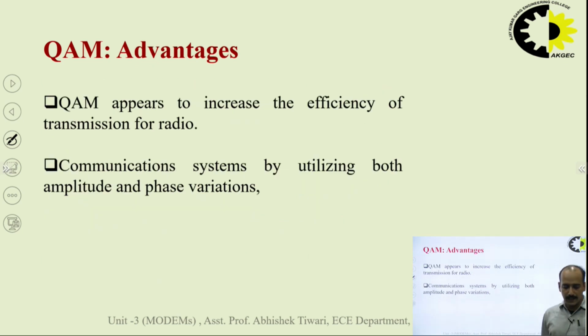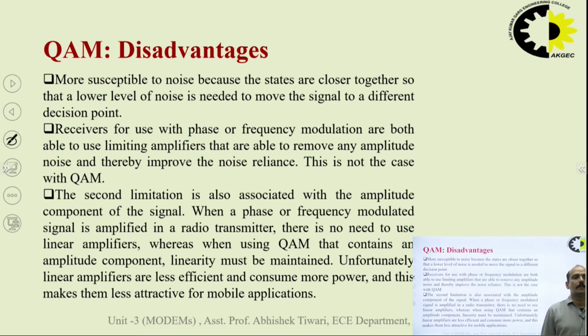So the main advantage of QAM is that it increases the efficiency of transmission for video or radio and communication systems by utilizing both amplitude and phase variation. But there are also some disadvantages.